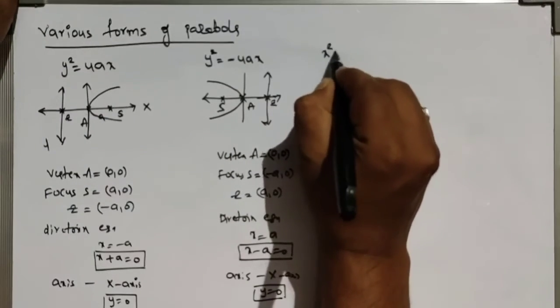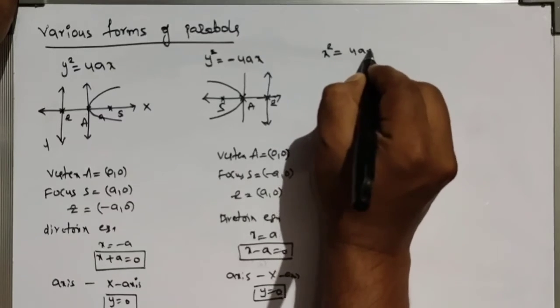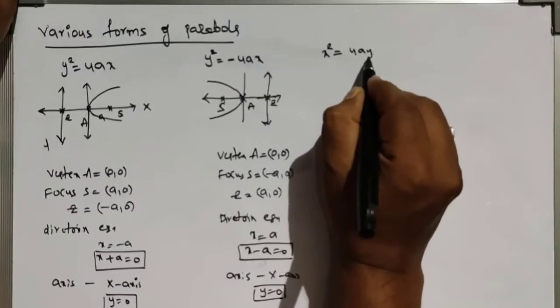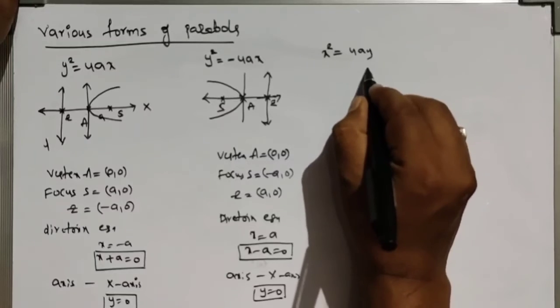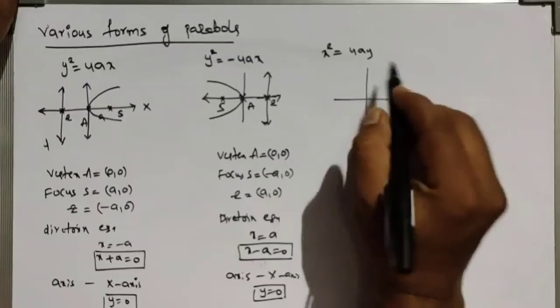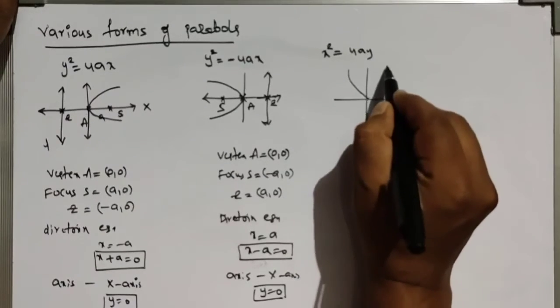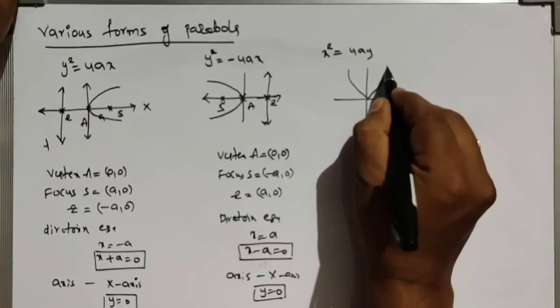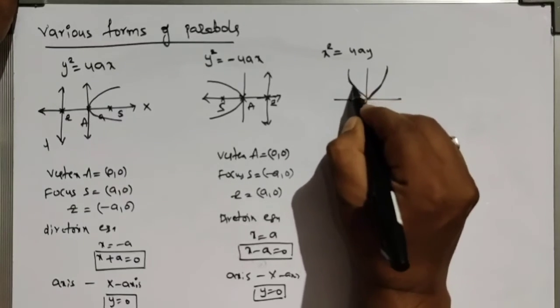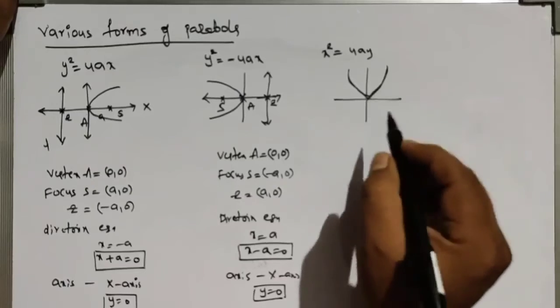And then we take here x square is equal to 4ay. So here we have 4ay, so y is positive, that's why the curve is on the part of the positive y-axis like this. This is the curve, it is slippery, that's why you can't draw properly.